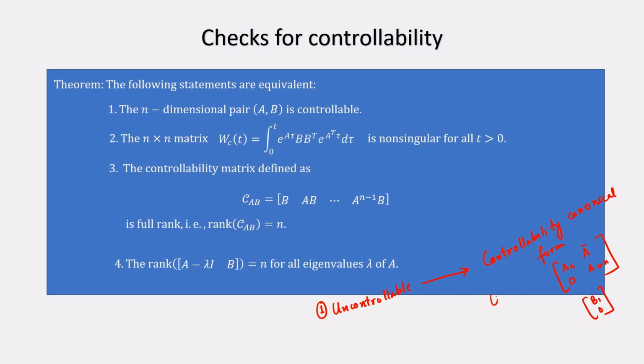The only thing I have to do is choose Q such that the first r columns are a basis of the image of the controllable space, and then I can extend this to make it a square matrix and use QZ equal to X to get to this form.